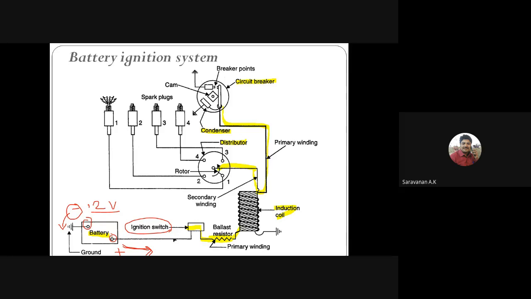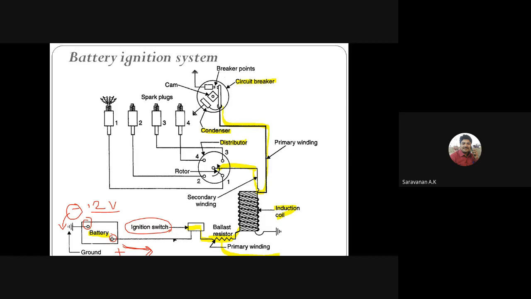So to avoid the temperature increase, we have to flow a regulated power supply. For that we are using the ballast resistor, right?